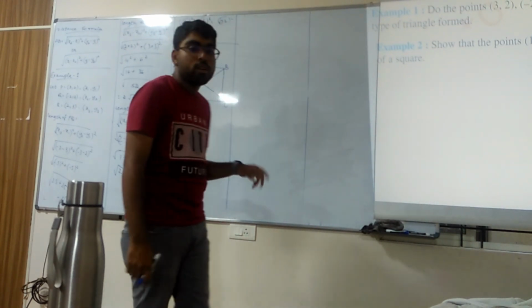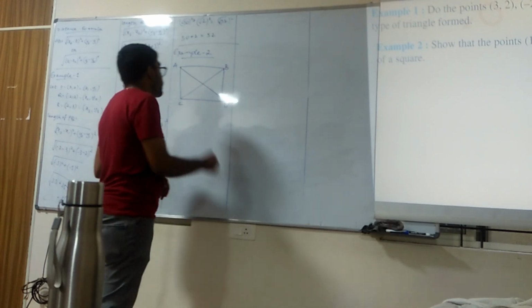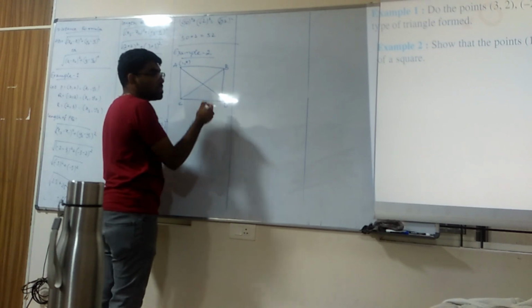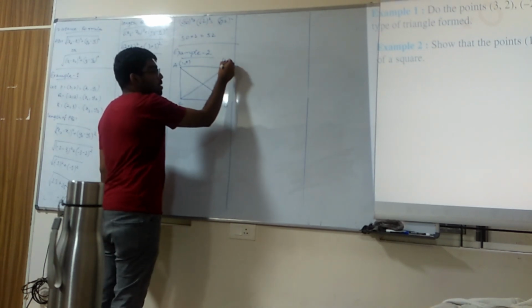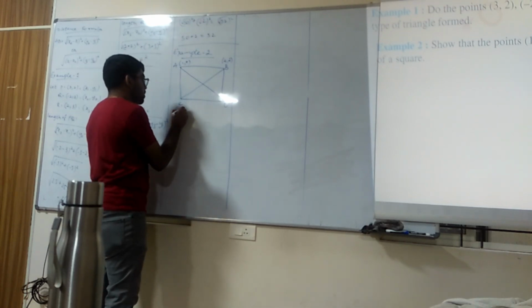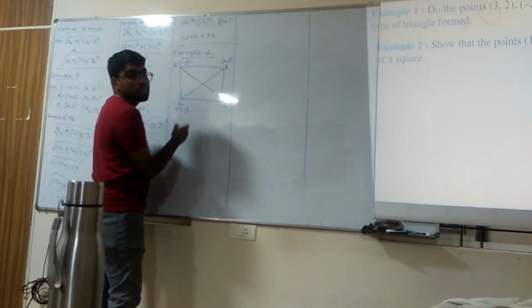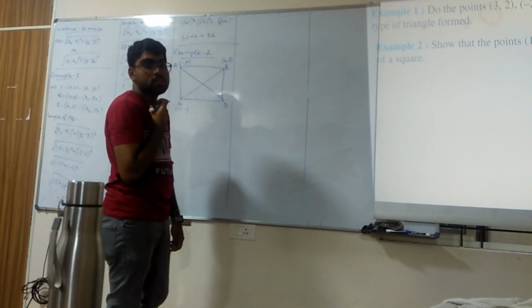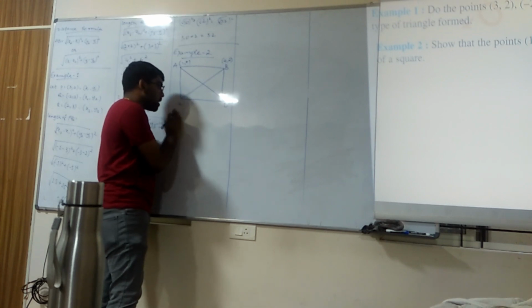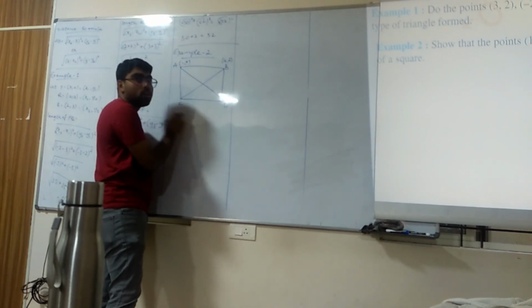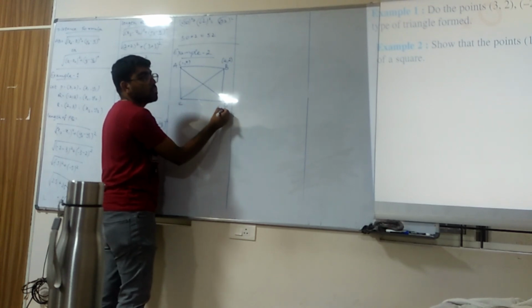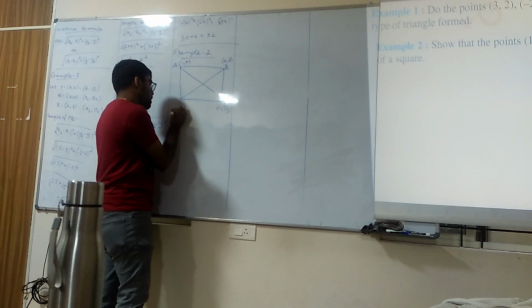When you write ABCD, you would take A as (1, 7), B as (4, 2), C as, D as (-1, -4). I have told you they have given it in a cyclic order.